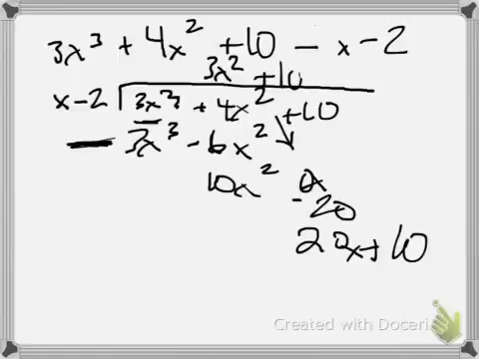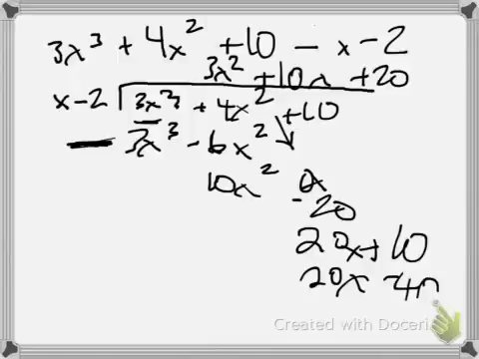So there's 10x. And then you do plus 20. 20x minus 40. And that would come out to 50.